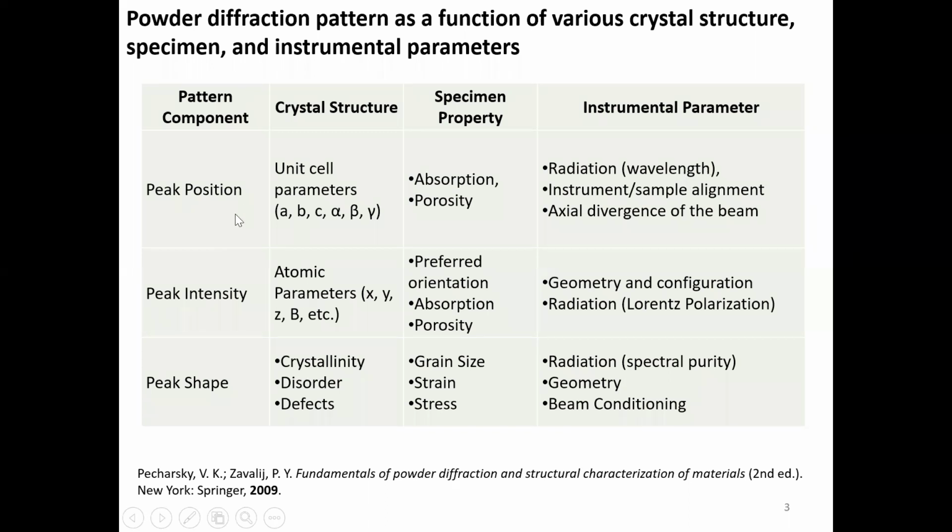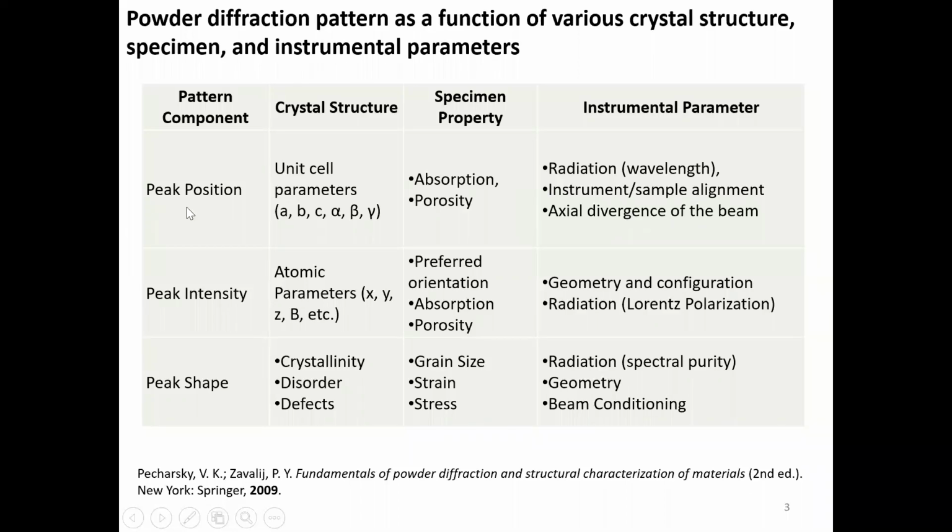Like from peak position, one can tell about the unit cell parameters like a, b, c, alpha, beta, gamma. Okay, so that depends upon the absorption and porosity of the material, the bulk material that you were using as sample in PXRD. And it also depends on some instrumental parameters like radiation, instrument and sample alignment, and axial divergence of the beam.